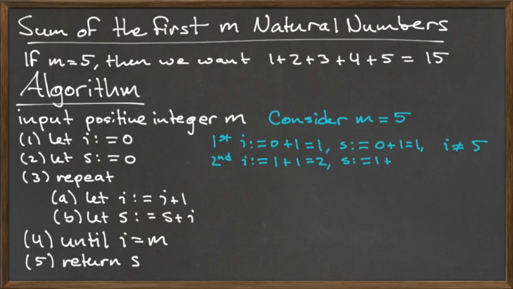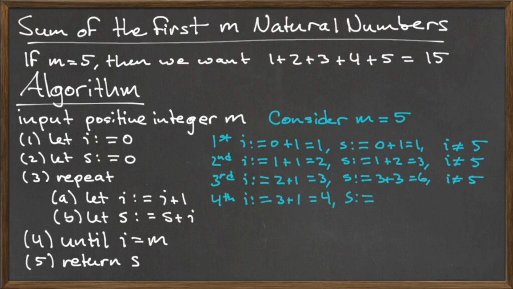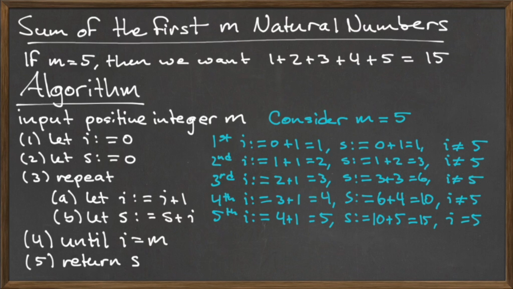After our second pass through the loop, the value of I is now 2, and the value of s is now 3. The stopping condition I equal to m is still not true, so we must run through the loop again. This loop must be repeated a total of 5 times, so for the sake of time, here is our work for the third, fourth, and fifth iterations of this loop.